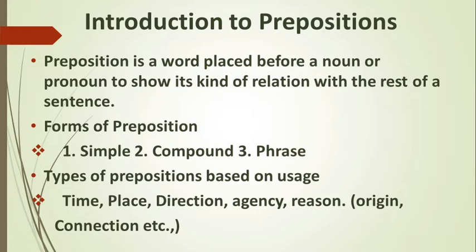Based on this multiple usage and dynamic quality of prepositions, we have categorized them as prepositions of time, place, direction, agency, reason, origin, connection, etc. Let's look into them in a very brief manner.